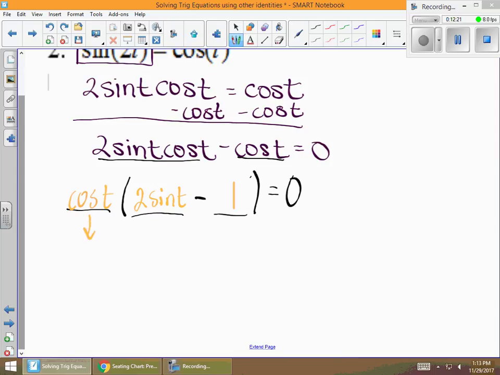So cosine of t equals 0, and 2 sine of t minus 1 equals 0. That means that sine of t equals 1/2.